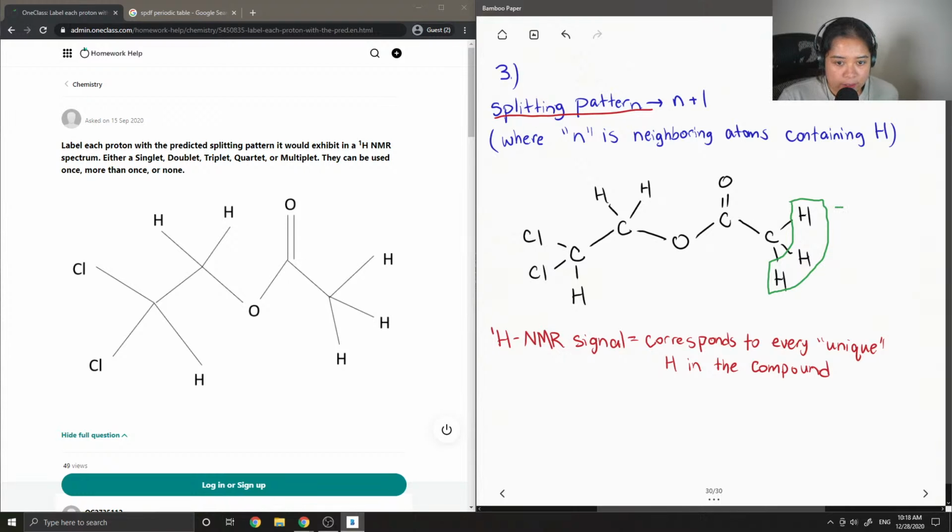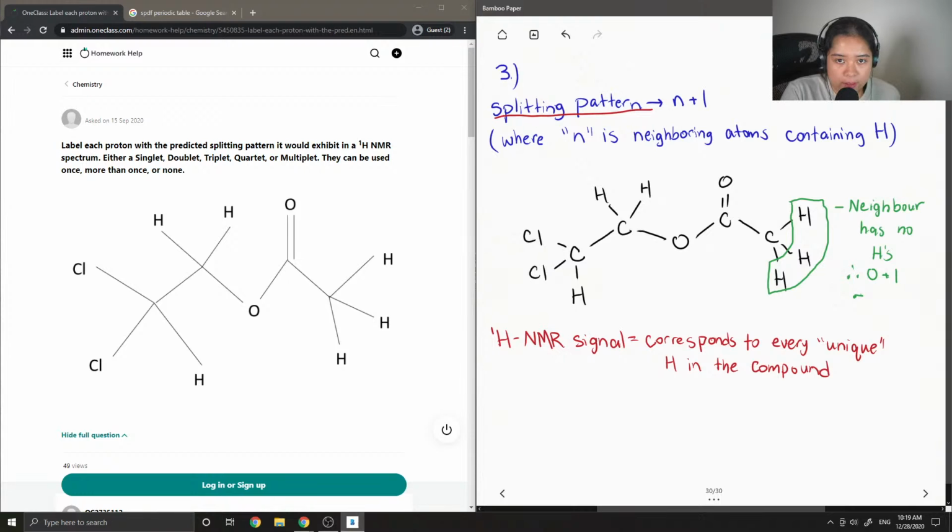So their neighbor has no hydrogens. So if we look at our splitting pattern rule, it is equal to 0 plus 1.